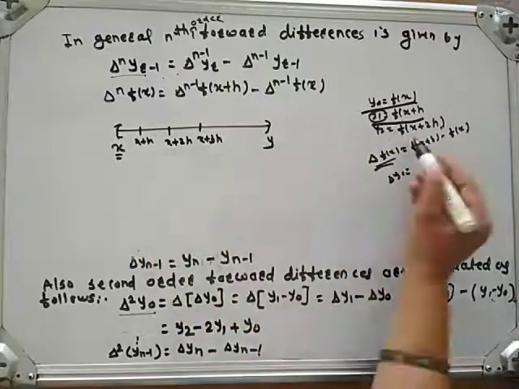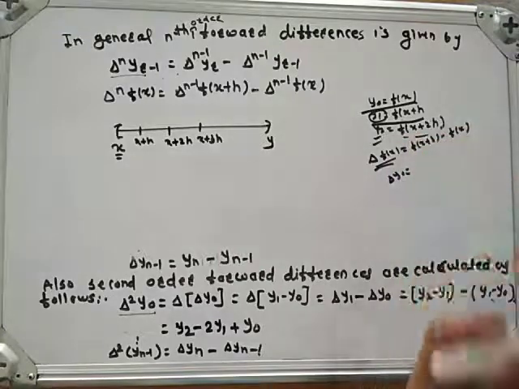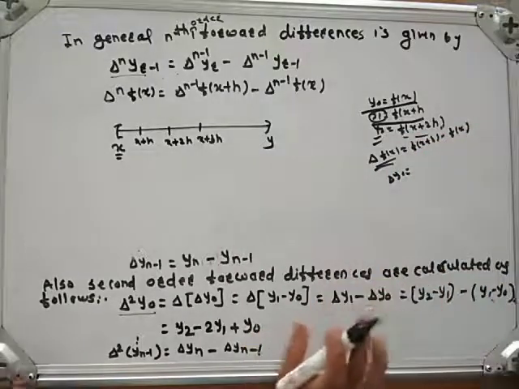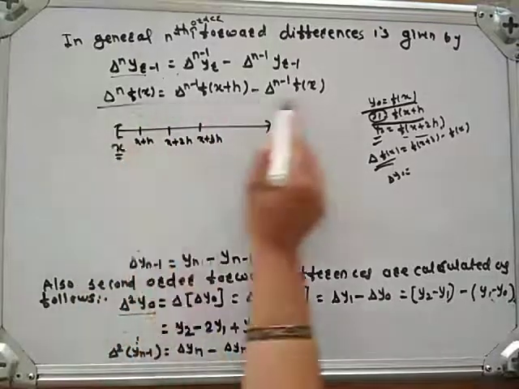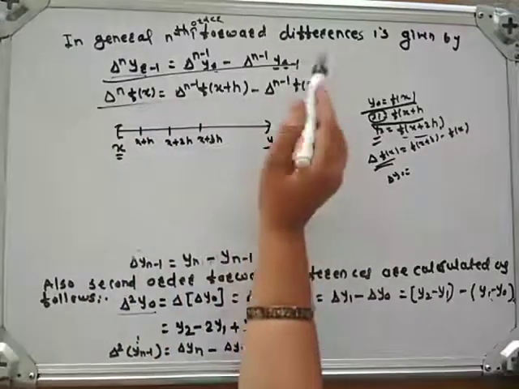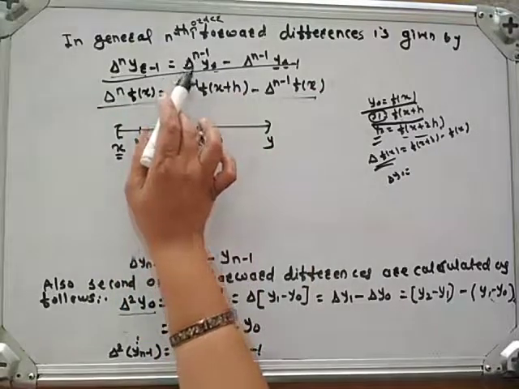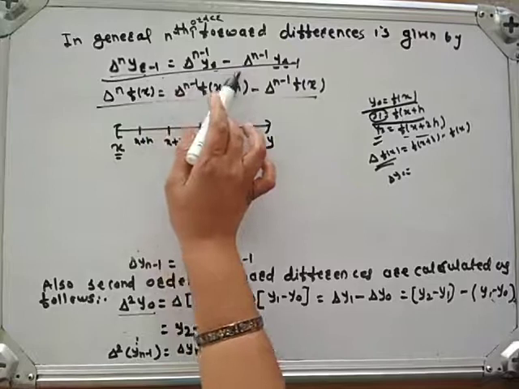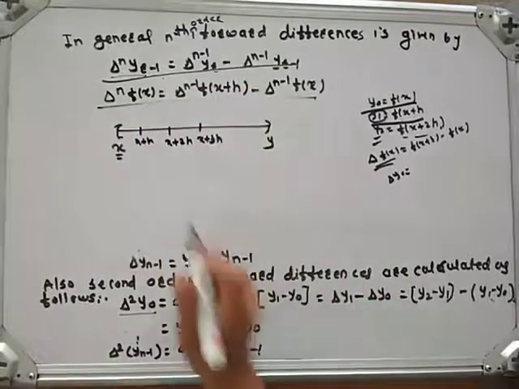Next, the value of the function at point x plus 2h is y2. Then understand this formula. We have the general formula delta raised to n y(r-1) is equal to delta raised to n-1 y r minus delta raised to n-1 y(r-1).